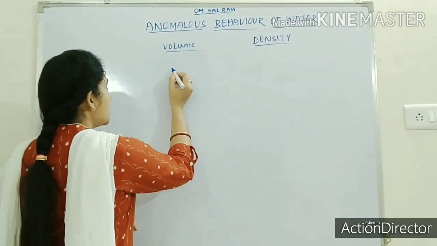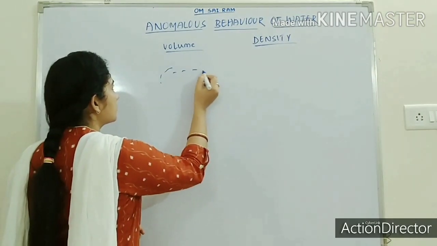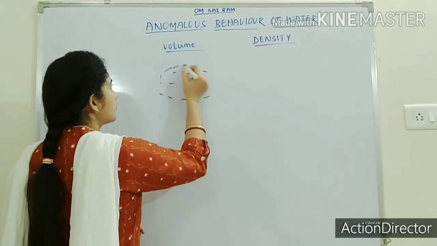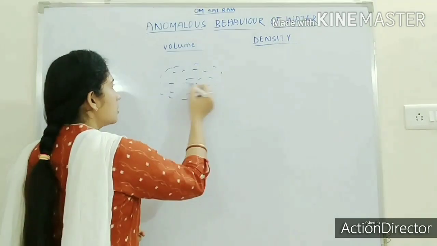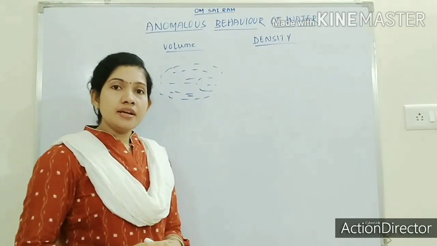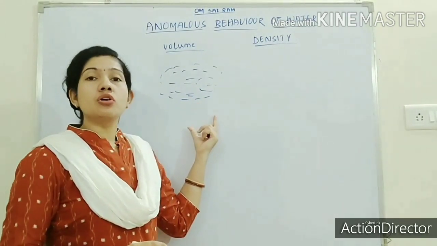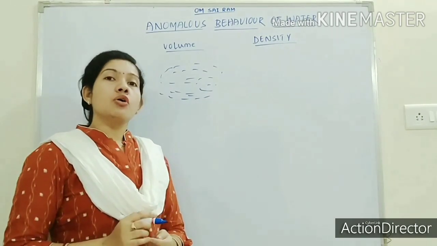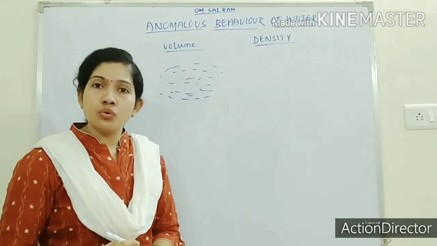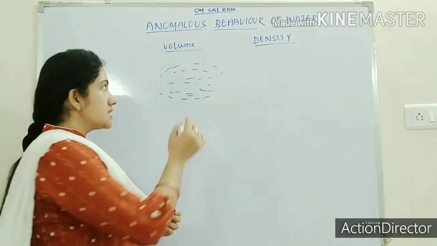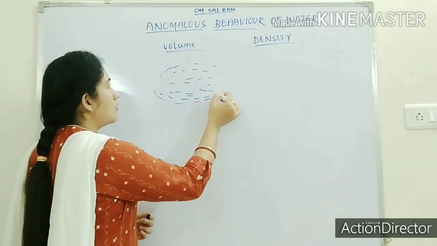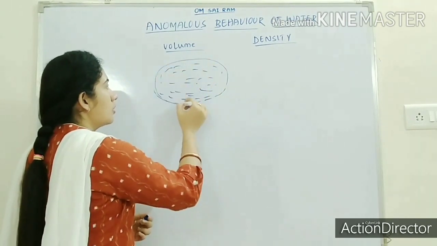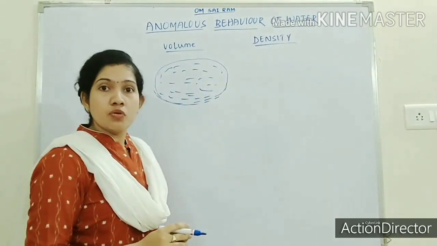Suppose here we have taken water, and when we allow this water to cool, then what will happen? Have you ever observed what happens when you allow water to cool? See, this is the area of water, or this is the volume of water.